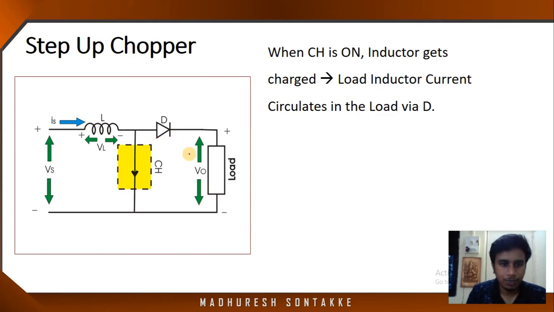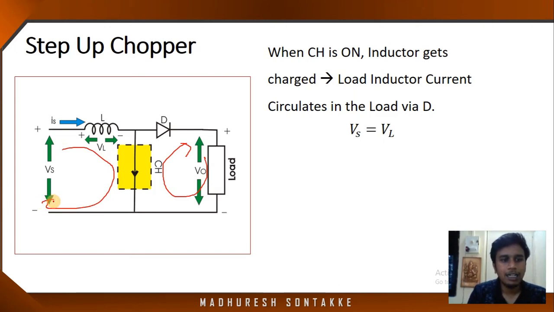During this period the input current will not reach the load, and the input voltage will not appear across the load. So that's why Vs is equal to VL for this position.